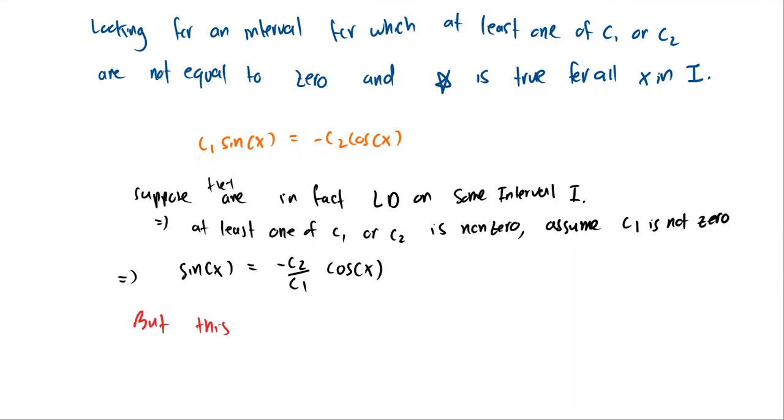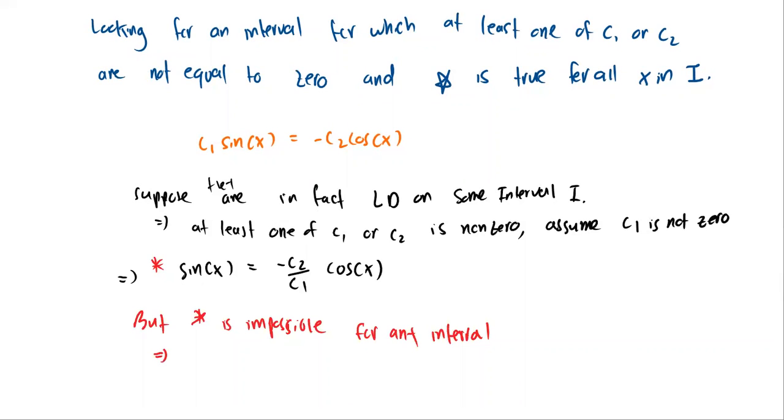So this equation, let's call it asterisk. But asterisk is impossible. Again, it's possible for this to be true for specific points, specific x values, but not on a whole interval. It is not possible on any interval.